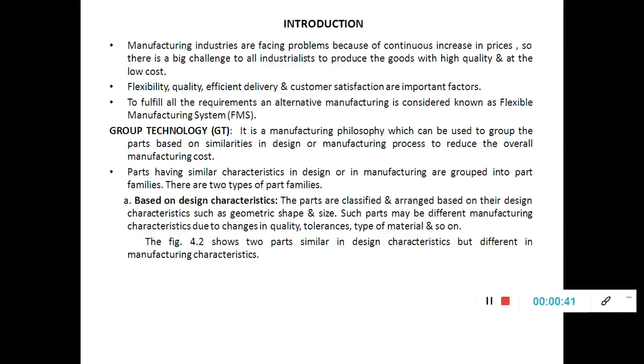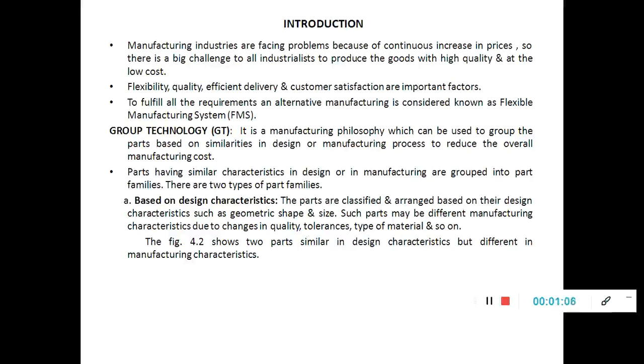In spite of this, they have to produce good quality products at a lower cost, and customer satisfaction is also an important factor. To fulfill all these requirements, an alternative method of manufacturing has come into existence, known as the flexible manufacturing system, popularly known as FMS.